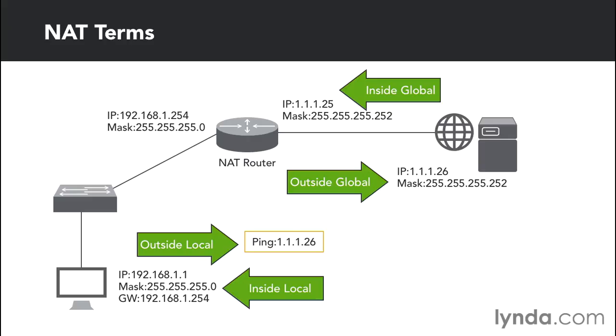Destination ports will remain the same. If I'm using port 80 for HTTP, or port 23 for telnet and so forth, that remains the same. But your source port will be changed. So each device that gets out may have the same IP address, but a different source port number. Just wanted to throw that out there so you understand what port address translation is.